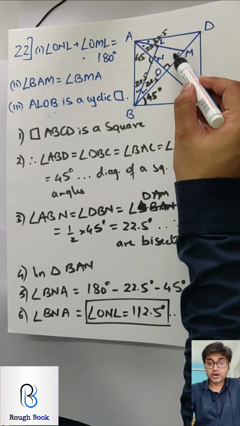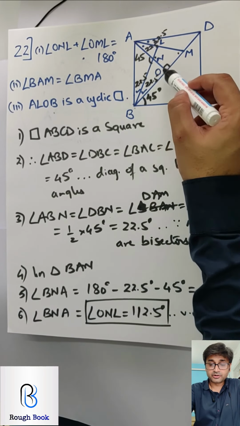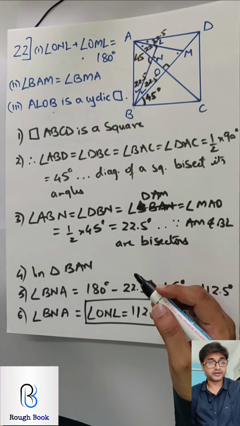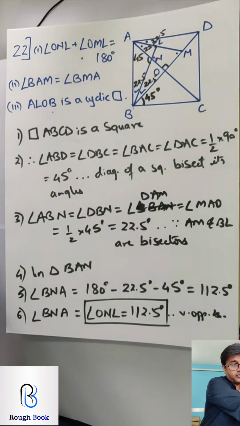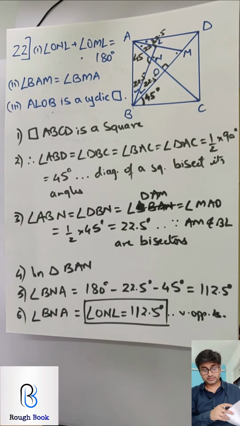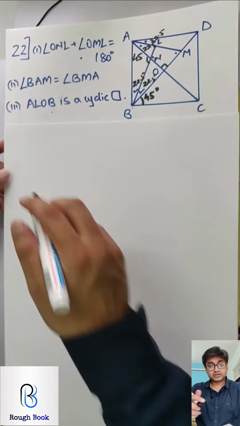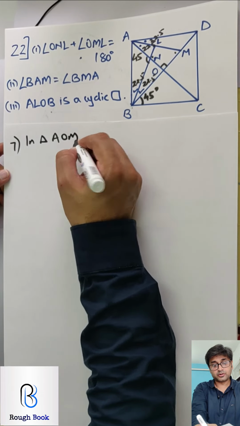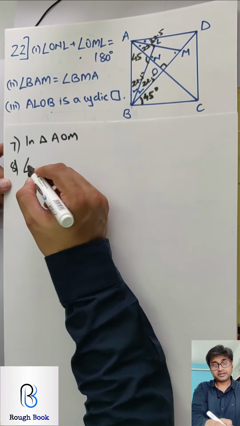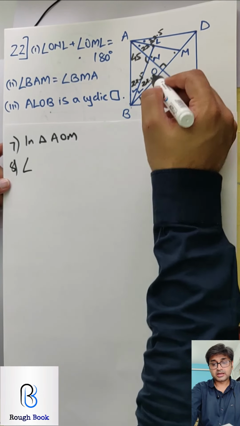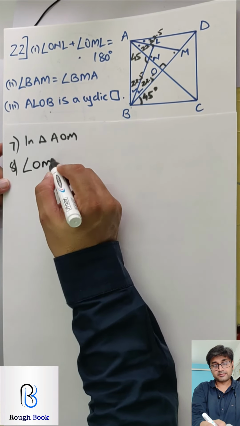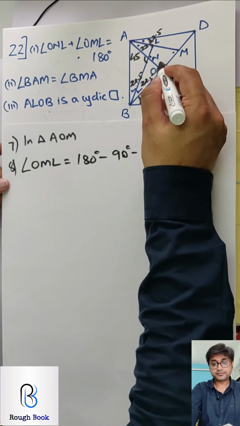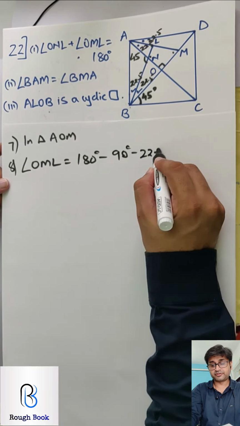Likewise, we'll try and get OML. For that, we are going to take triangle AOM and say this is 90 and then proceed from there. So let's pick it up. We are starting with step number 7 now. So step 7, in triangle AOM, we'll say angle, this one, that is OML, equals 180 minus 90 and minus this 22.5.